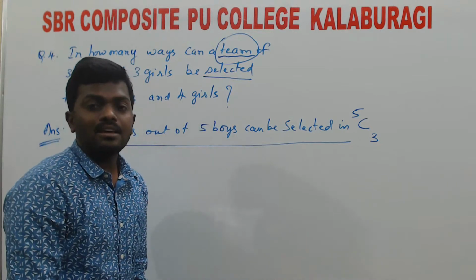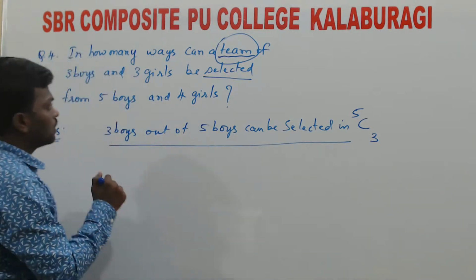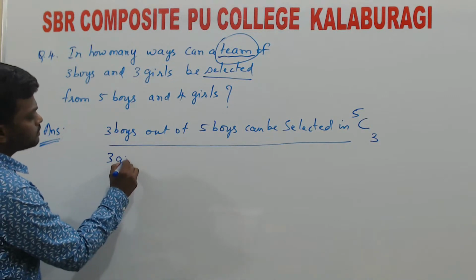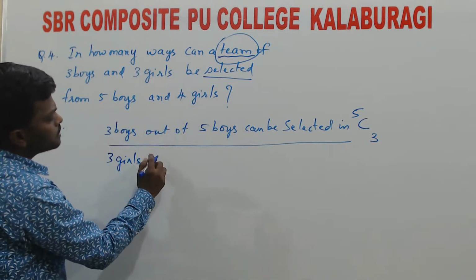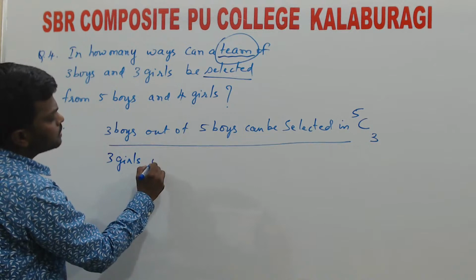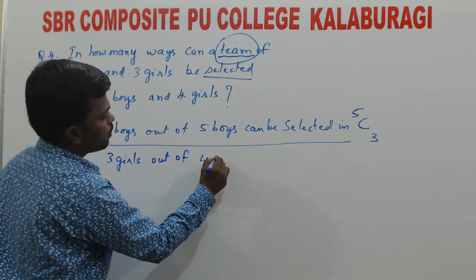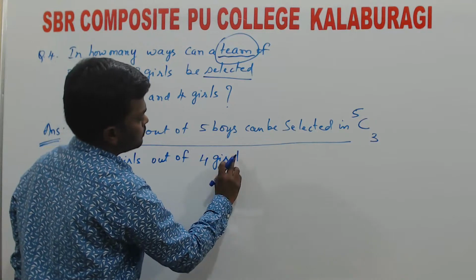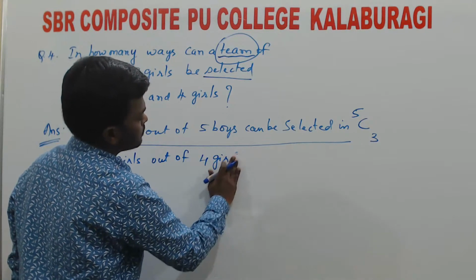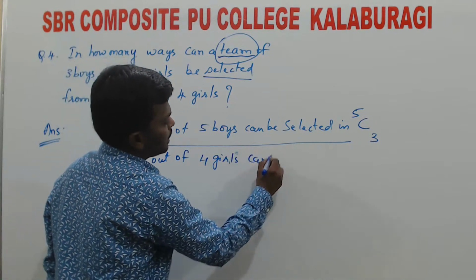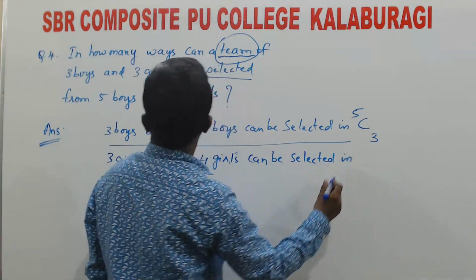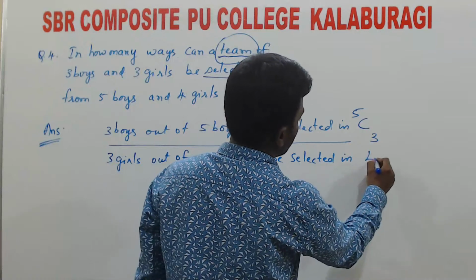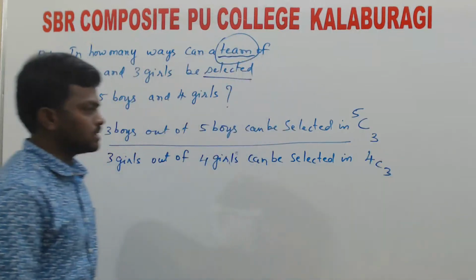And here 'and' indicates the multiplication rule. Just concentrate on what is being told or what the question is over here. So 3 girls out of 4 girls can be selected in 4C3 ways.